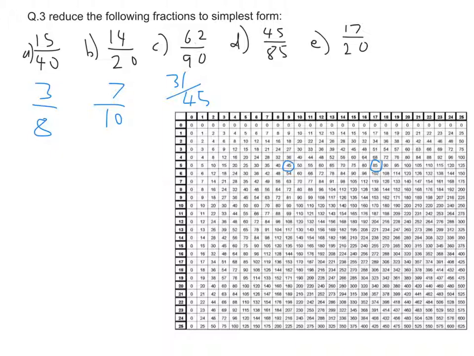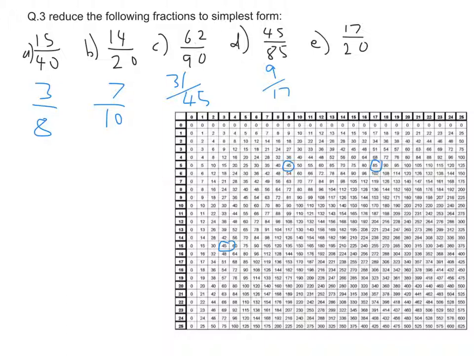But also there is a number 45 over here, but there's no number 85 in the multiples of 15. So therefore the common factor that we want is the number 5. So 45 divided by 5 is 9. 85 divided by 5 is 17. So your answer should be 9 over 17.